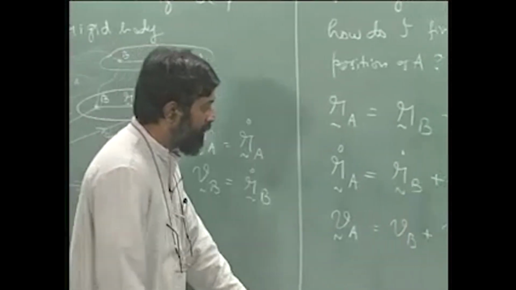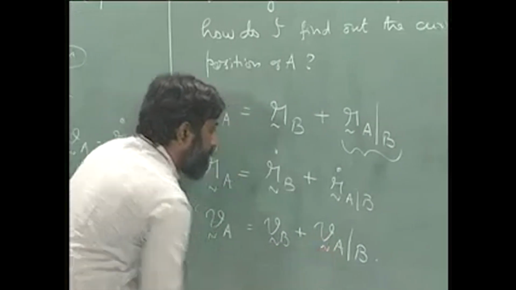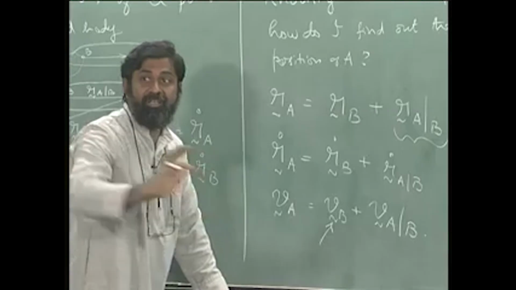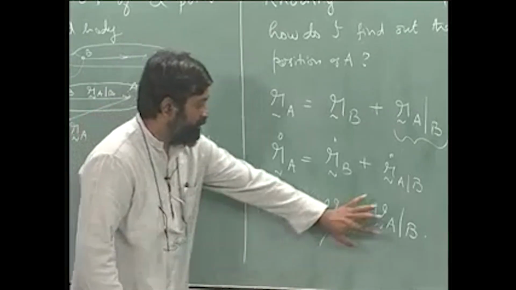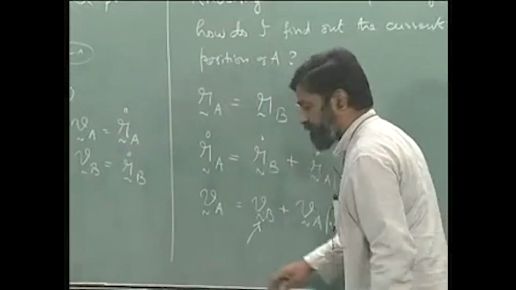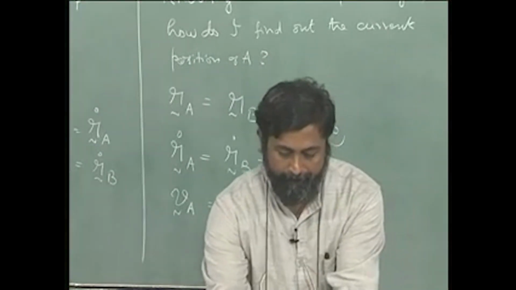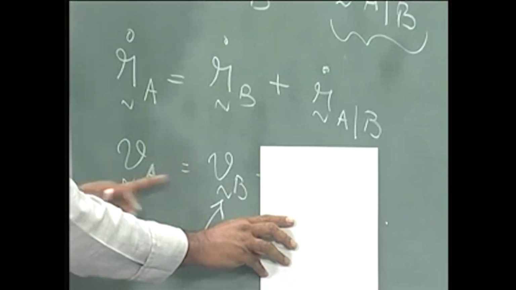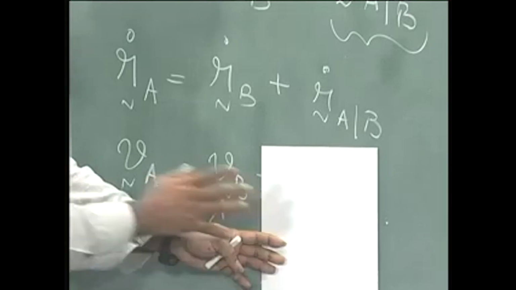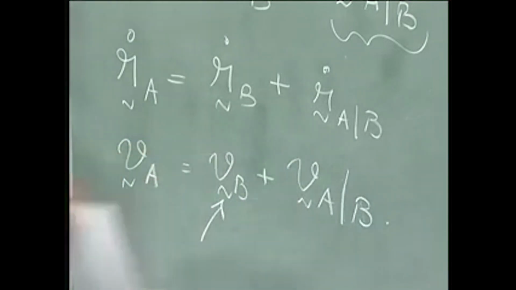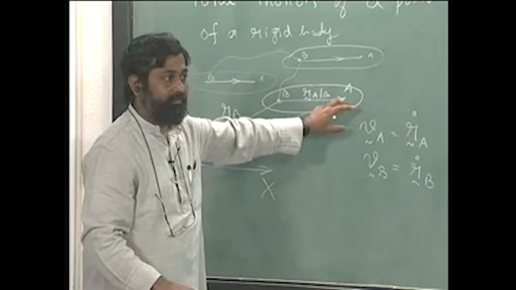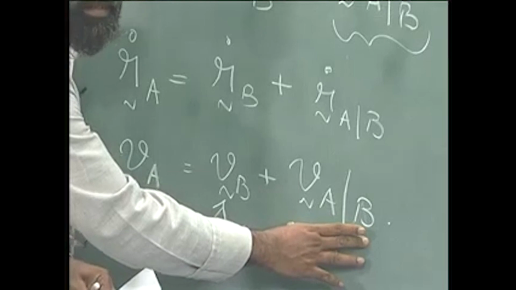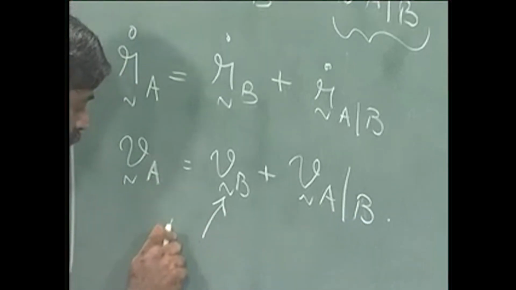And therefore, this indicates that I first do a translatory motion. Supposing this were non-existent, VA is equal to VB implies that there is a pure translation involved. Okay. Automatically that means this is just pure translation.